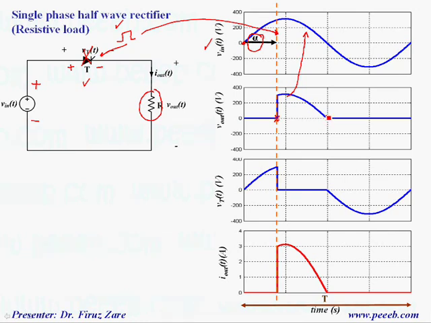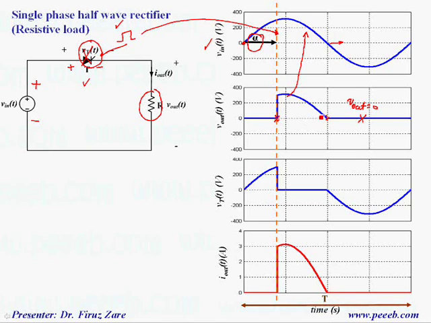At this zero crossing, because current through the thyristor is 0 and beyond this time it will be negative, the thyristor will be turned off again. So for the second half cycle the output voltage is 0, and the reason is that the thyristor cannot conduct.